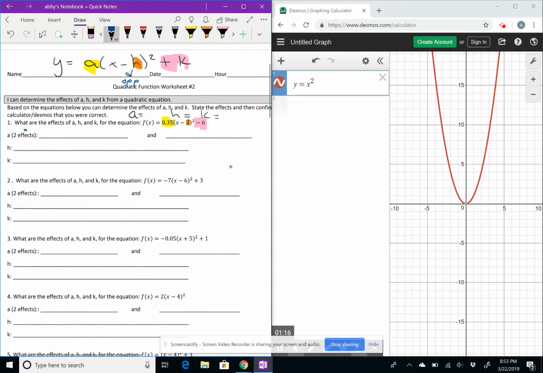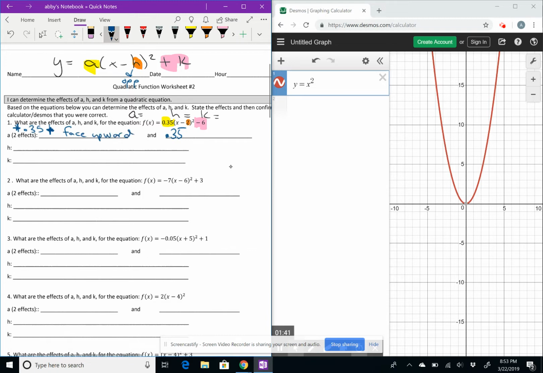So our A value is 0.35. Now notice that the A has 2 effects. Since it's positive, that's going to deal with one of them. And then we're going to look at the 0.35 as its own separate entity. Now, since it's positive, we know that it's going to face upward.